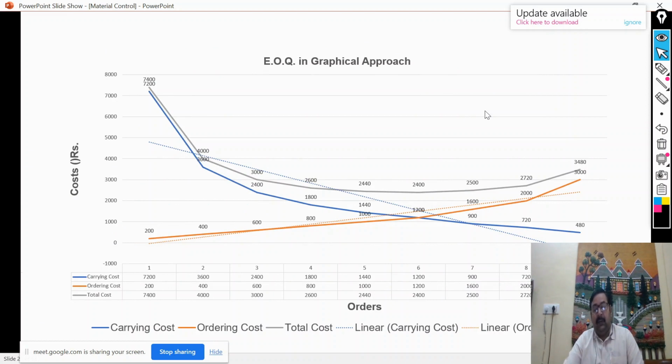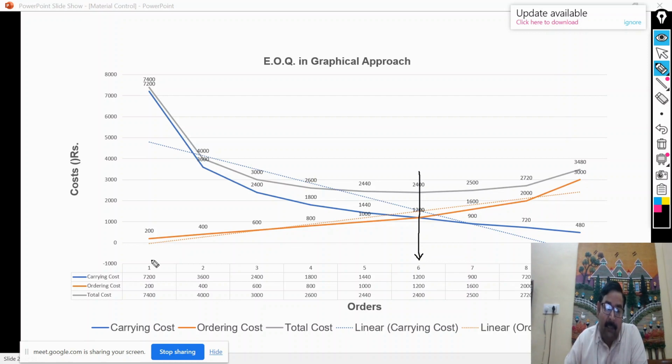This is the third approach for EOQ, the graphical approach. Here is the point of EOQ at which total carrying cost reduces and total ordering cost increases.